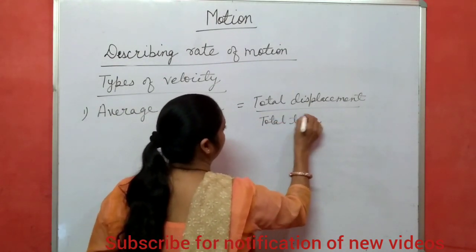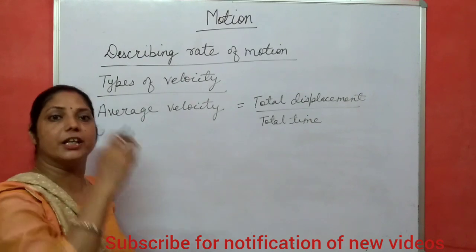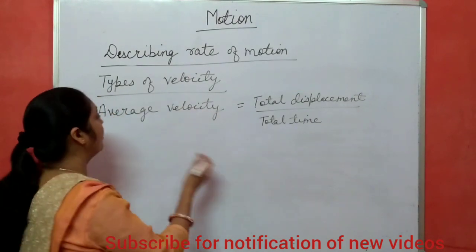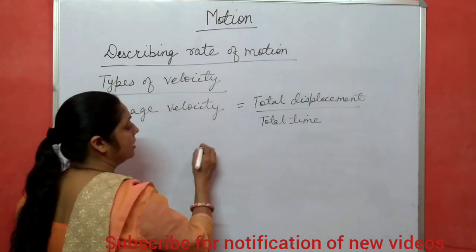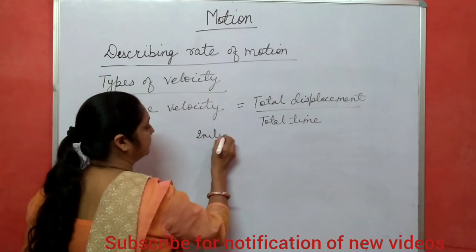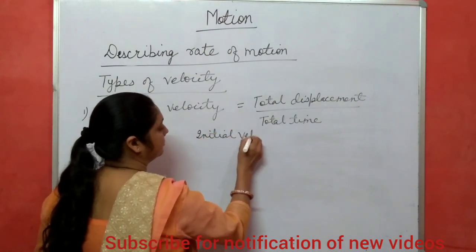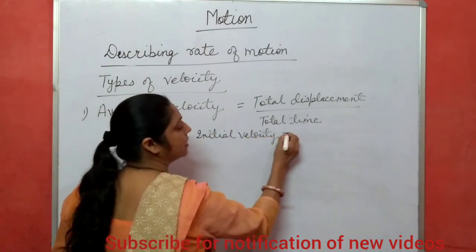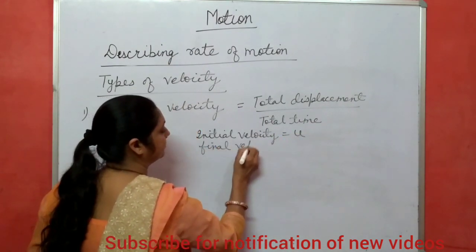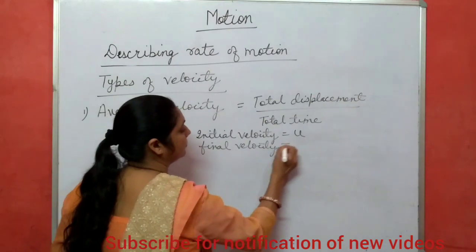Okay. And if initial and final velocity are given, in that case you use another formula for average velocity. Suppose initial velocity is u and final velocity is v.